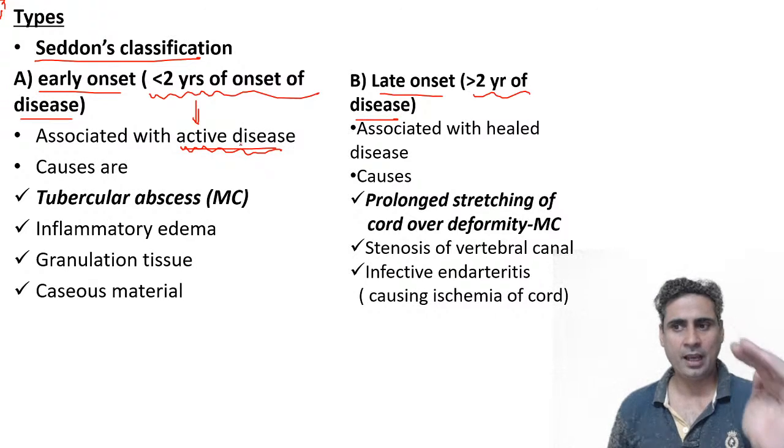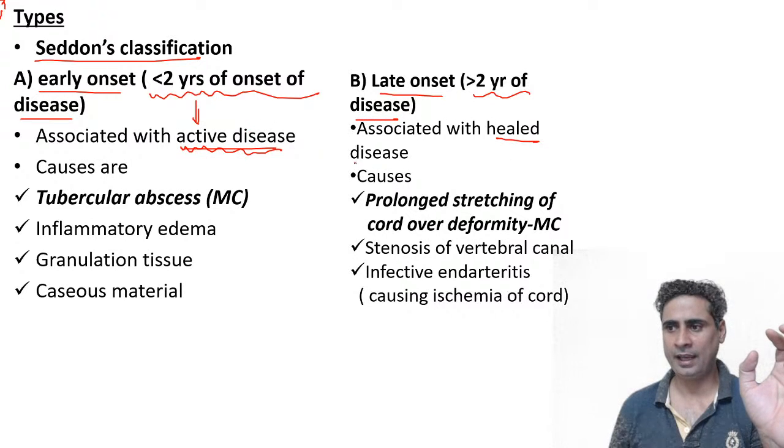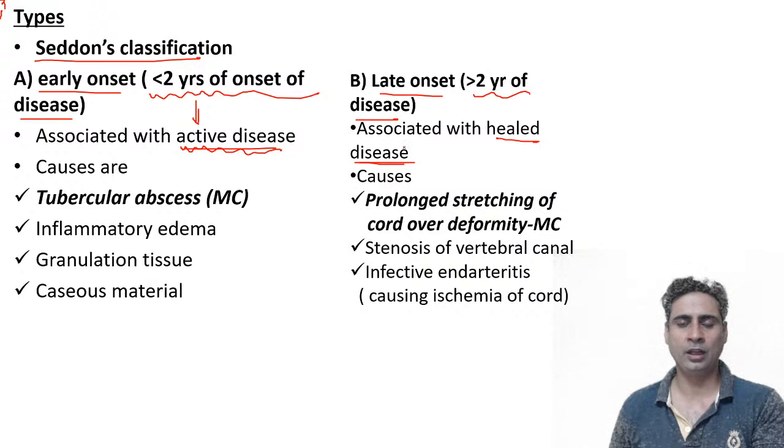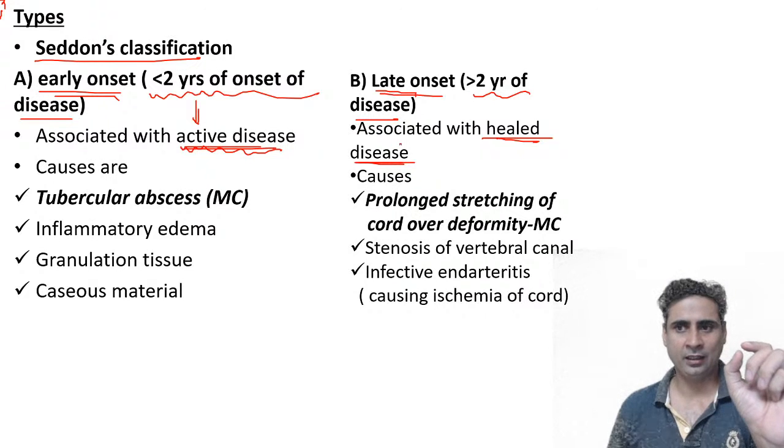Therefore, it has a very good prognosis because active infection you can control easily. If it is healed, like in late onset paraplegia, there is nothing to control. You will require surgery only. So early onset is due to active disease, late onset with healed disease, some mechanical cause.